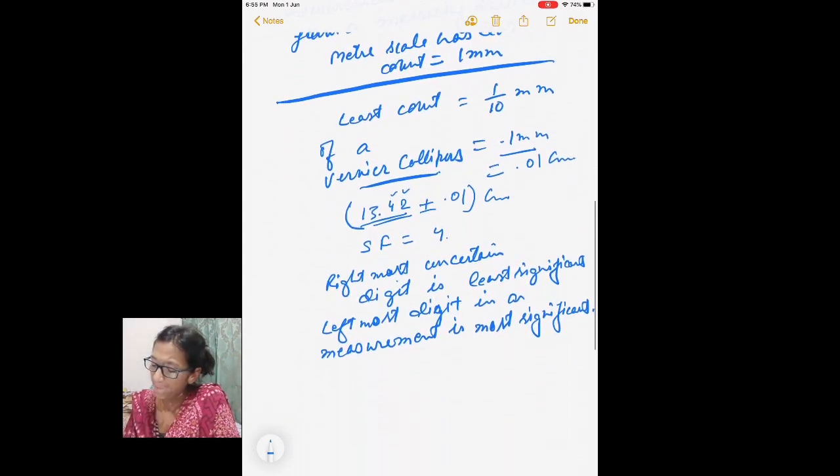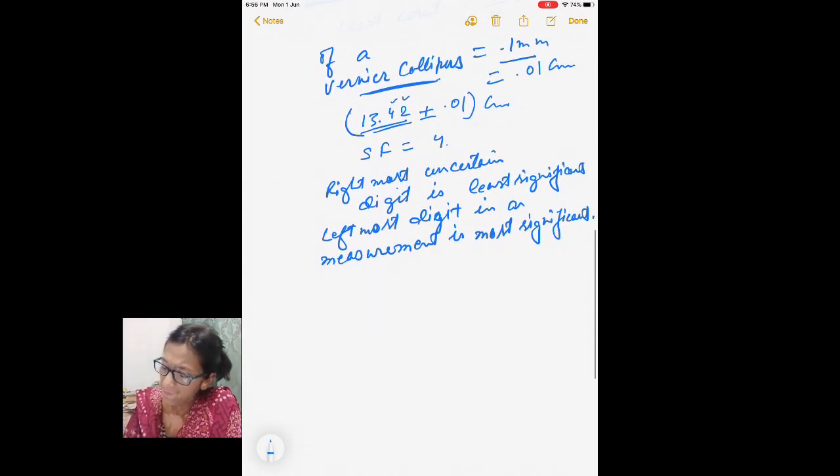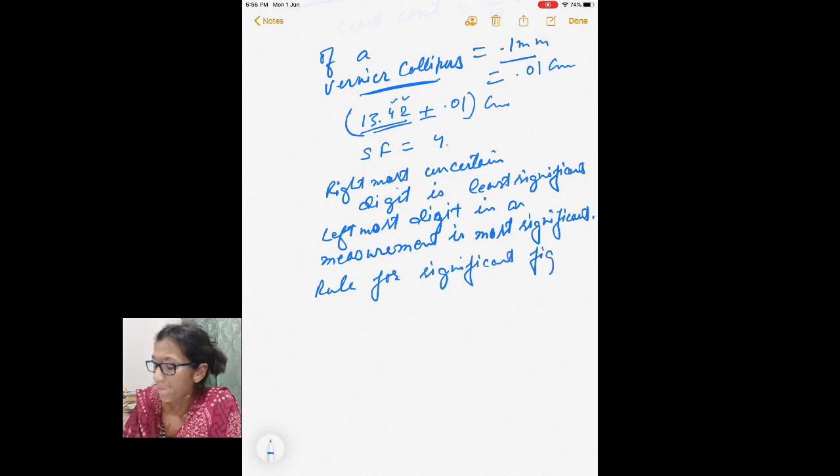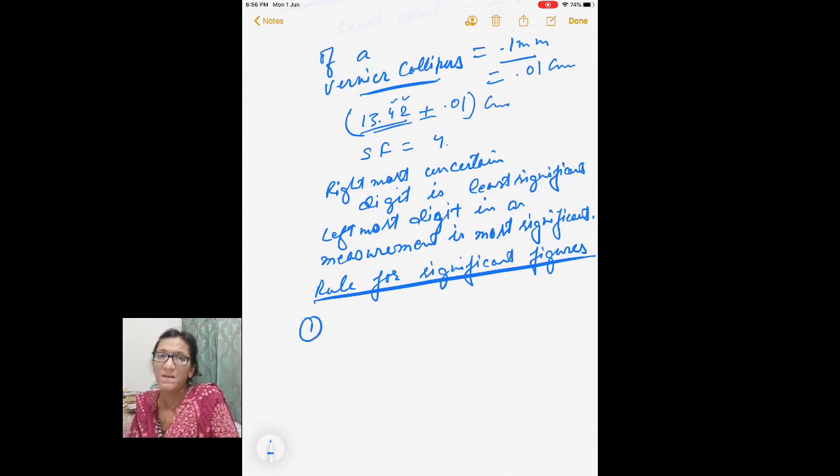Okay. Now the rules for significant figures. First rule: I will directly state the rules with the help of examples only.